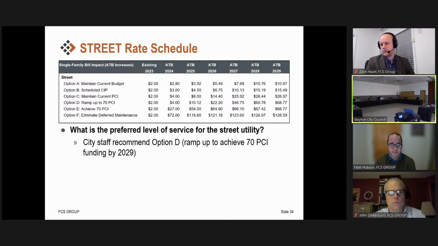So I can see a good majority of our community being upset about the rates going up the way that they're going up. Someone paying $26 a month at the end of 2029, and their road is continuing to deteriorate. I could see that being very stressful.